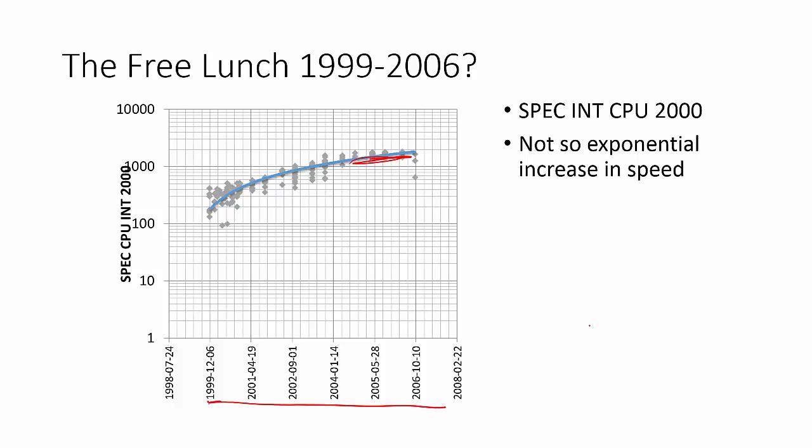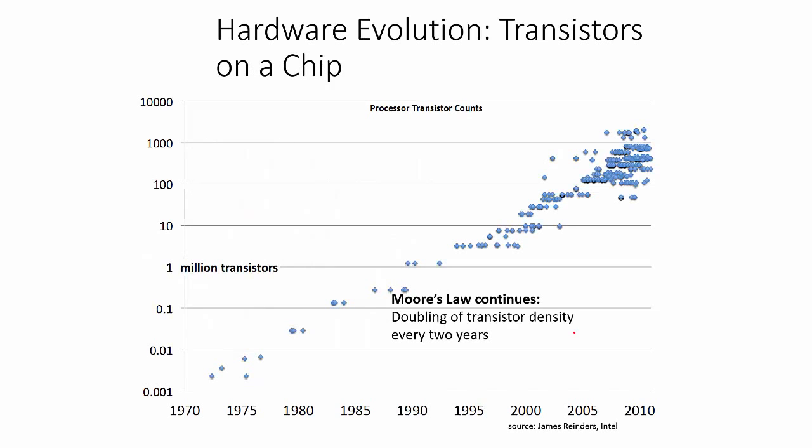So what has happened? Well, the free lunch performance gain tracked more or less the same curve as the number of transistors on a chip, which is also called Moore's law.